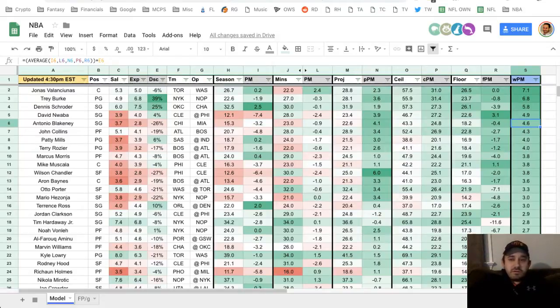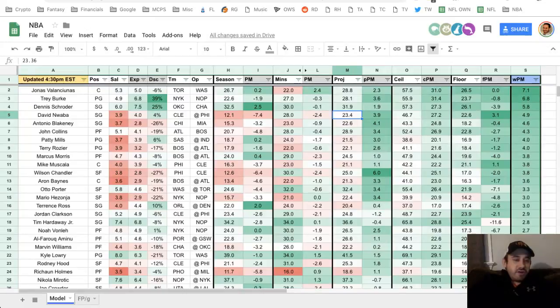David Nwaba, similar situation here. Not the exact same thing, but similar in that he's cheap, $3,900, but he's basically playing like a $3,900 player. You're only getting a 4% discount on his recent form. And you compare him to, say, I'm trying to find someone who's a bigger discount here.